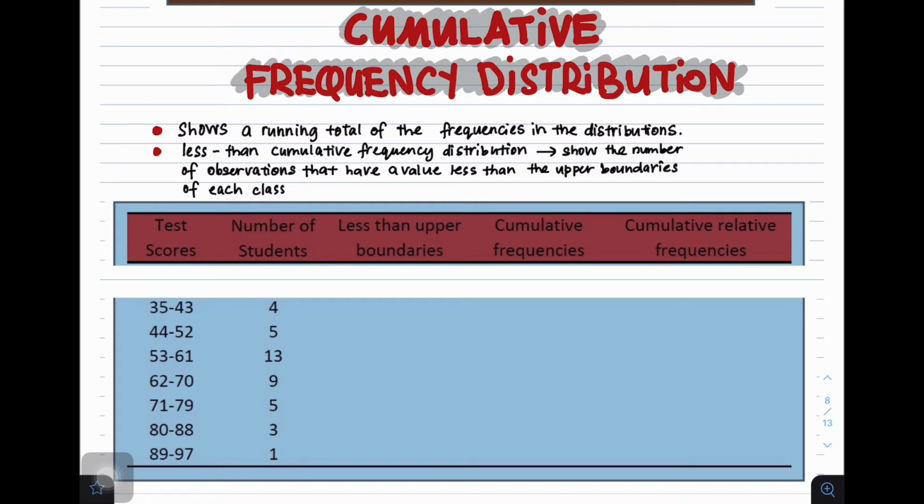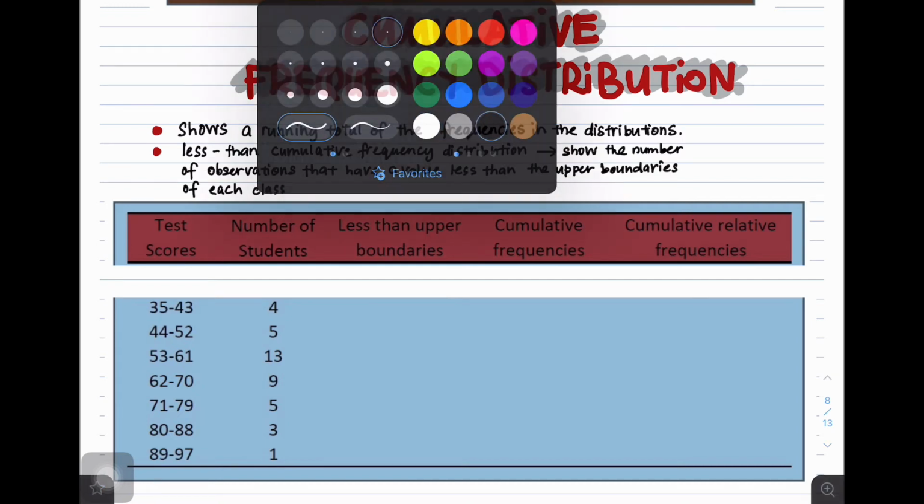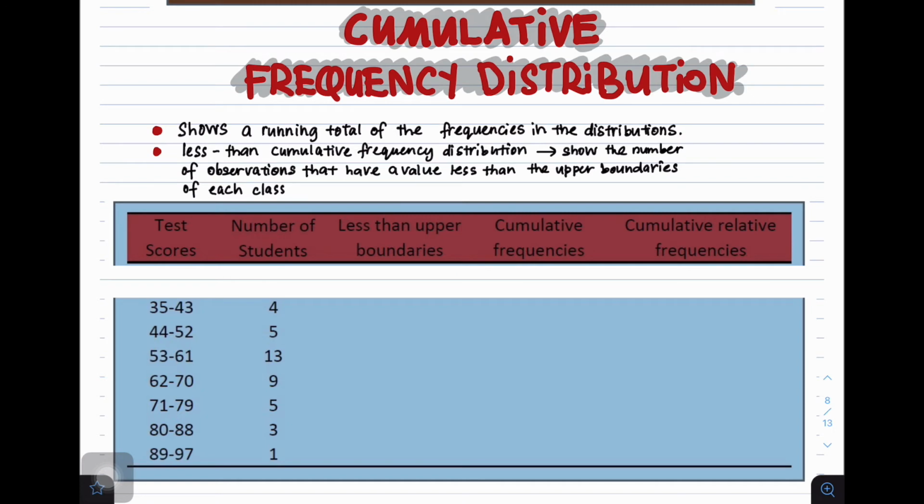What is important in a cumulative frequency distribution is that you need one class before the class we start with. We start with the class 35 to 43, but we need one class before our first class. The first thing we need to write is the upper boundaries.